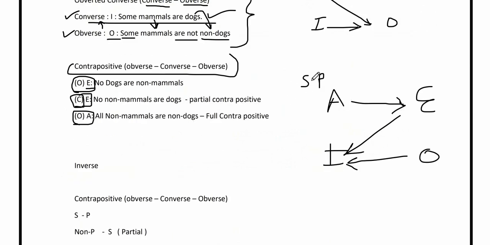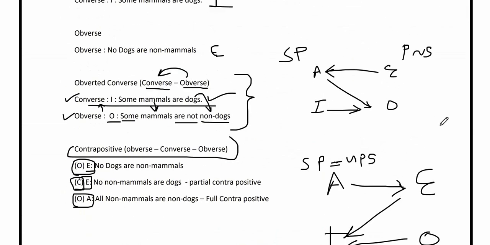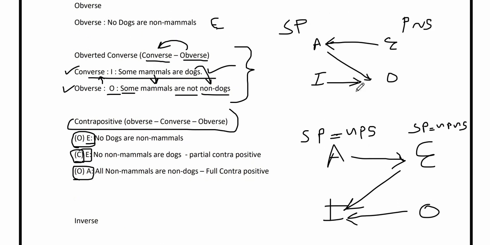So for partial, SP will become non-P S. Have I written it properly? Let me just recheck that. Non-PS, correct. And here, for the full contrapositive, SP will become non-P non-S. Okay, this is all we need to know. These only two things.